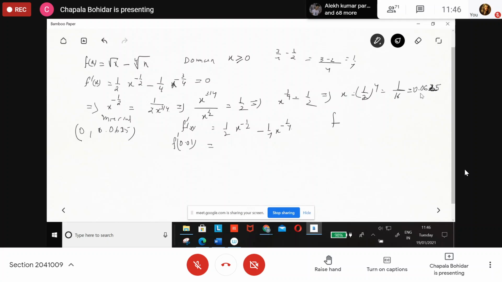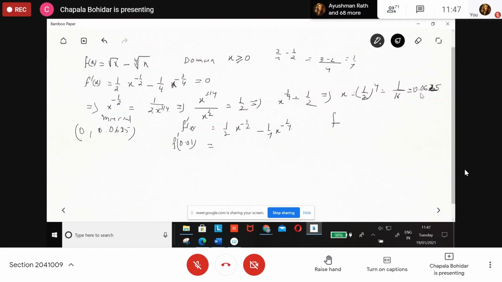By the help of your calculator, find out your value here. It is 1 by 2 root x, then 1 by 4 times the fourth root of x.